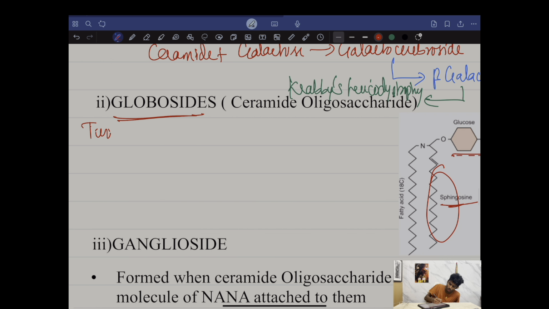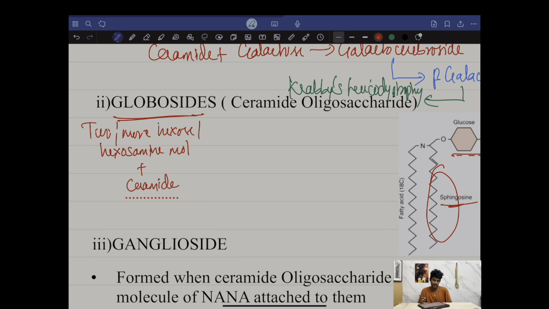If two or more hexose or hexosamine molecules are attached to a ceramide molecule, then we call it a globoside. Then what is ceramide oligosaccharide? There are two distinct terms, globoside and ceramide oligosaccharide. Both are 99% the same, but I want you to remember this.